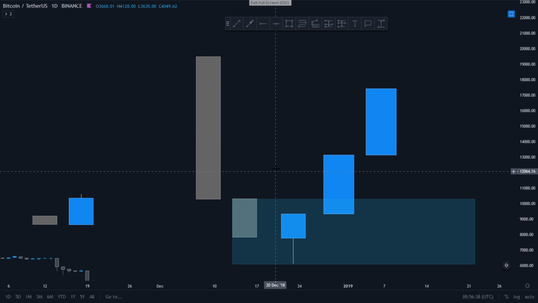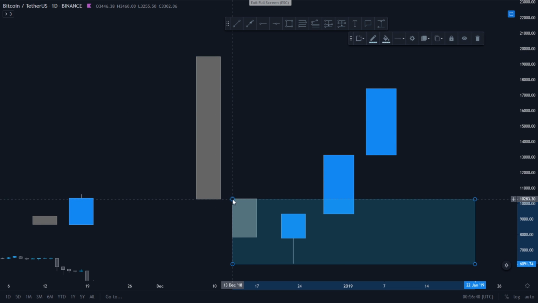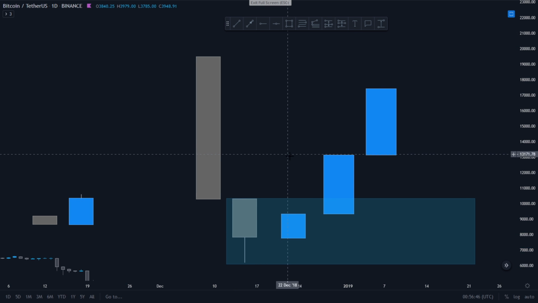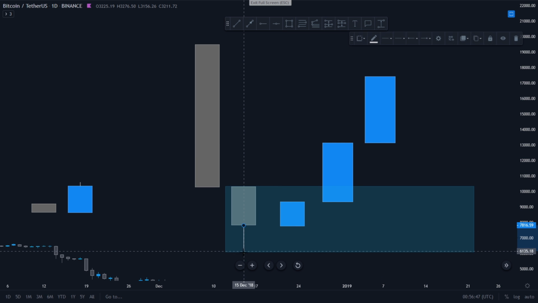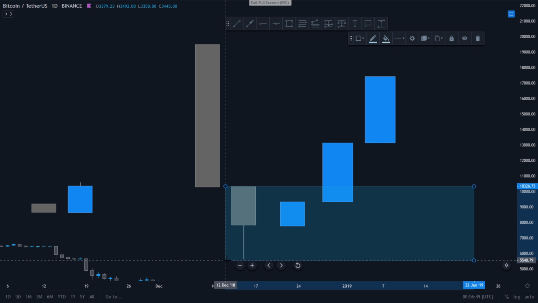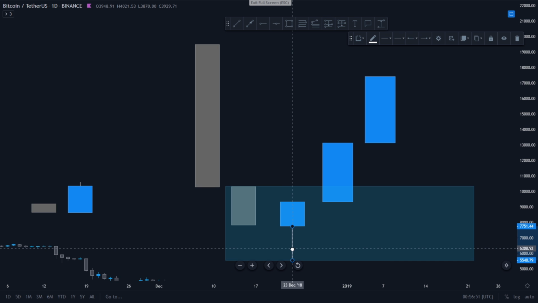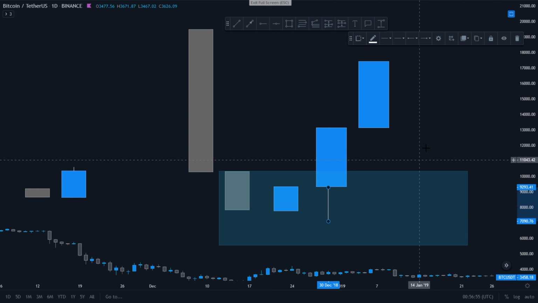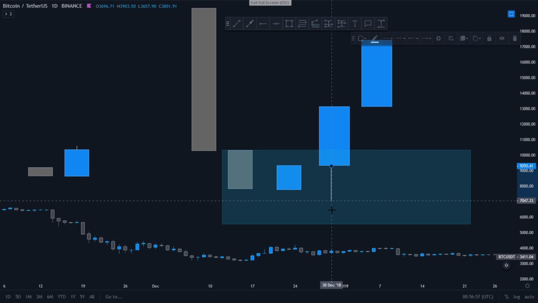So what we do in such a case is we take the last down candle, body, and the wick, the lowest wick, regardless if it's here or here or even here, okay? It could also be this one.